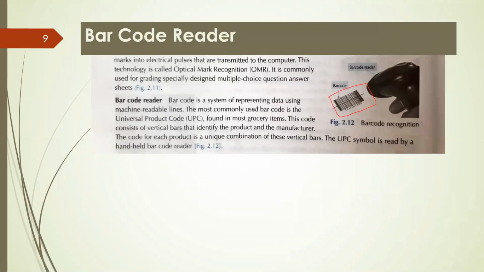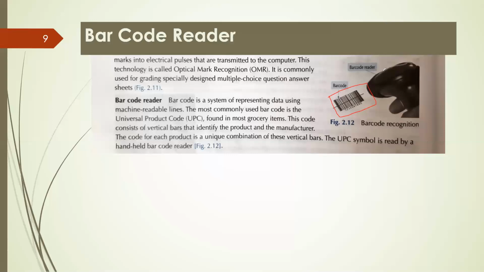Vishal Megamart, Big Bazaar, many shopping malls are there where you will enter and buy grocery items. How are they entering the price of the goods with the help of the barcode reader? The barcode is already there on the goods item, and from there they will scan it.